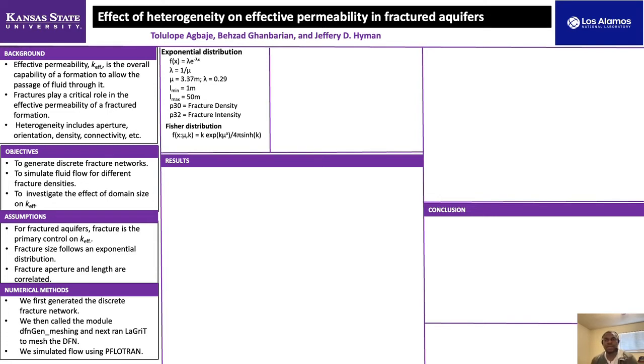The mu stands for the main direction vector, which can be expressed in terms of spherical coordinates, and k stands for the concentration parameter that defines the degree of clustering around the main direction, and x is the fracture orientation. The last formula was used to simulate the effective permeability based on Darcy's law. The Q stands for discharge, the beta stands for kinematic velocity of water, the rho stands for density of water, A stands for area, and delta P stands for pressure drop.